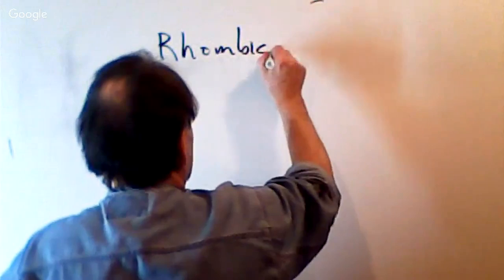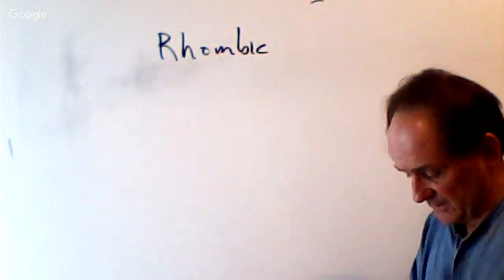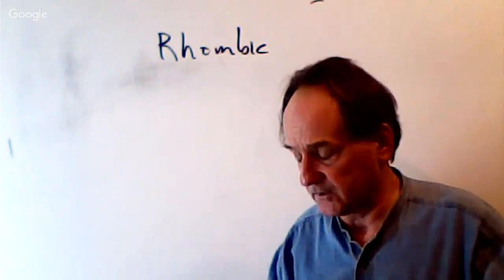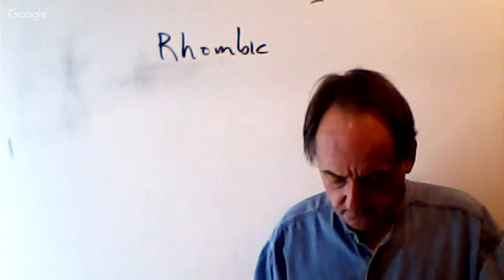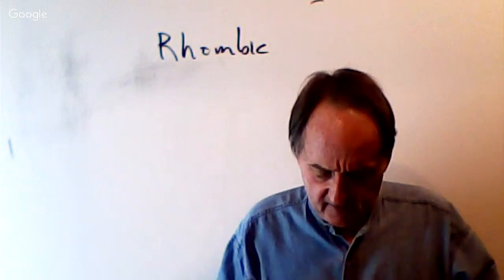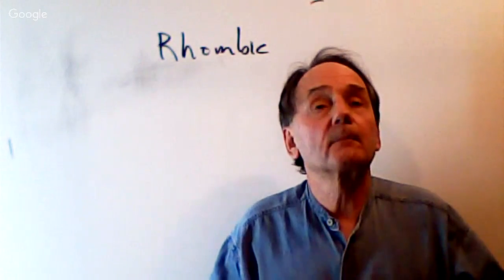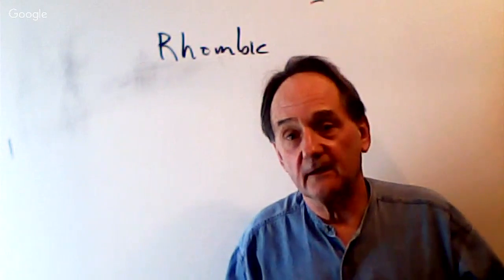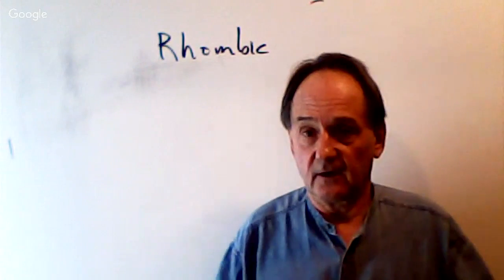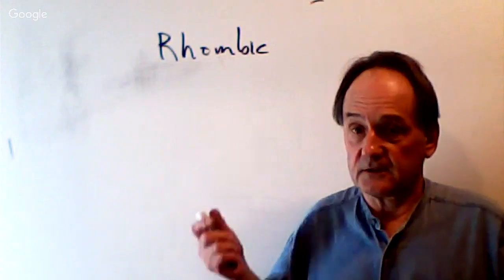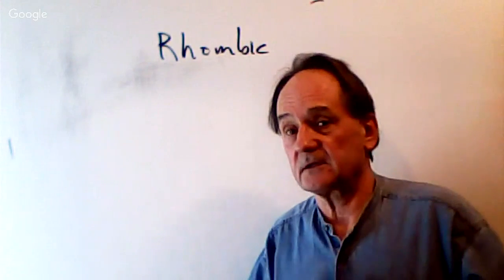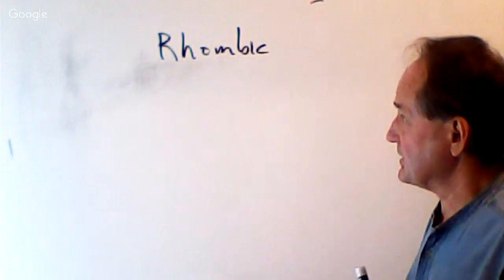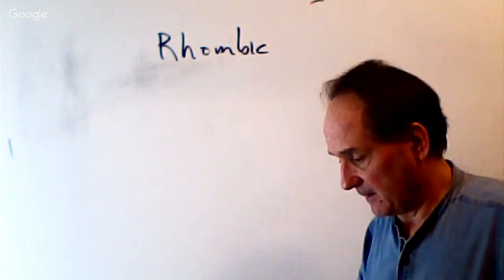A rhombic antenna. And as the name suggests, it's a wire antenna in the form of a rhombus. About that time, a new type of antenna was being developed called the log periodic, and the rhombic antenna has fallen out of disfavor because the log periodic antenna has a much wider bandwidth and isn't as physically large as a rhombic antenna.